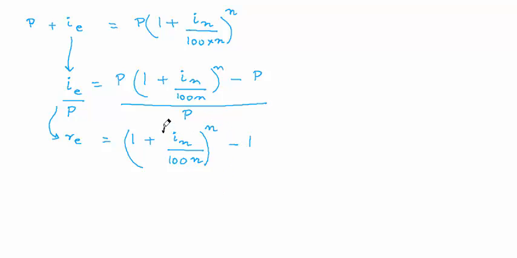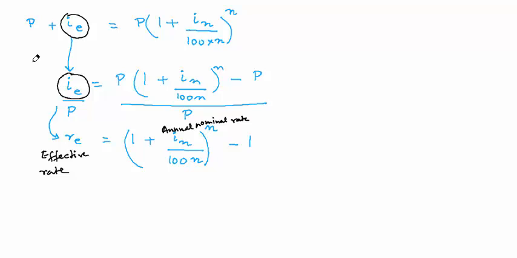So given the annual nominal rate, you can find the effective rate using this formula. And just so as you do not get confused, this is the actual interest. It's essentially a certain sum of money, whereas this RE is the rate.